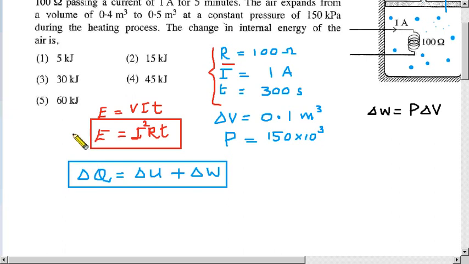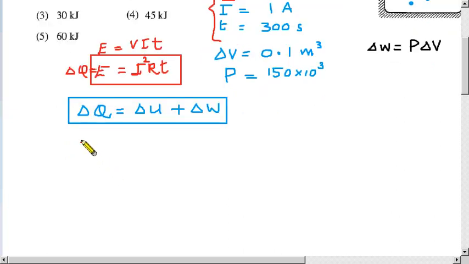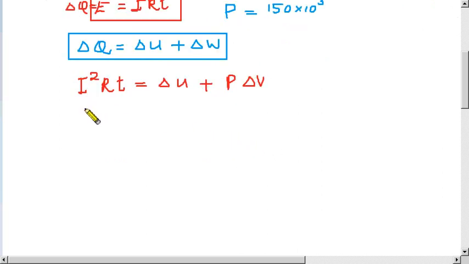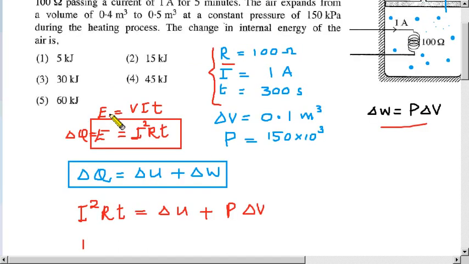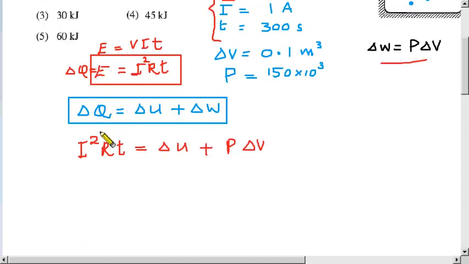So here energy is heat, delta Q, therefore we can write I squared R T equals delta U plus, instead of delta W, P delta V. I is 1 ampere, therefore no need to write. R is 100, that is 10 power 2.